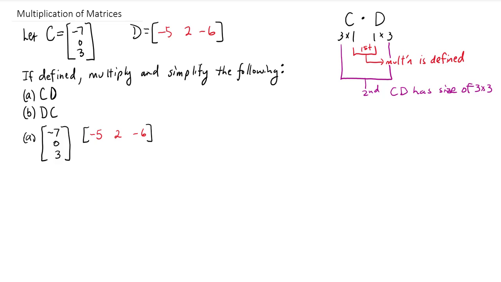So what is in the 1, 1 entry of matrix C times D? Let's find out. It turns out it is simply negative 7 times negative 5.